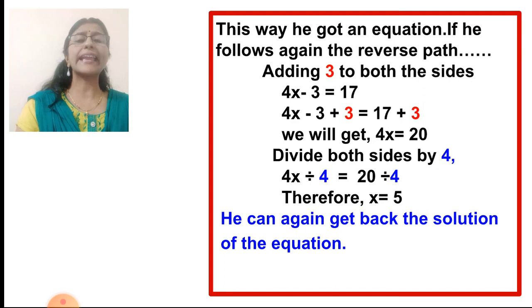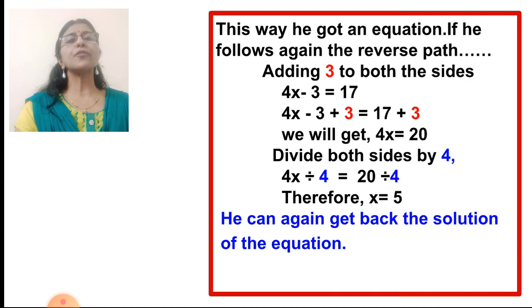If he follows the reverse path again, like suppose he got the equation just now, 4x minus 3 is equal to 17. If he adds 3 to both the sides, 4x minus 3 plus 3 will be equal to 17 plus 3. And minus 3 plus 3 will become 0. So it will be 4x is equal to 17 plus 3 is 20.